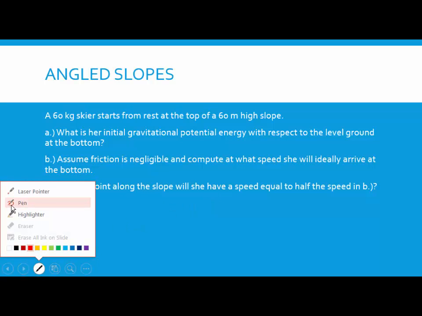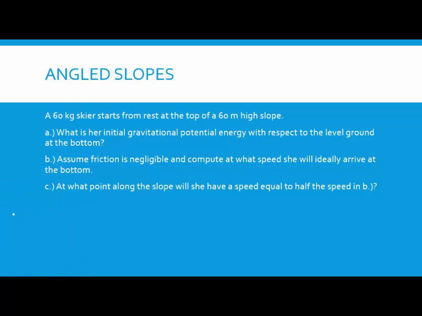Alright, so I'm going to change my ink color to white here. This skier's total mechanical energy is going to be equal to her kinetic plus her potential. When she's at the top of the slope, if this is our slope, this is 60 meters, her potential energy is equal to her mechanical energy because at the top she has no kinetic just yet.